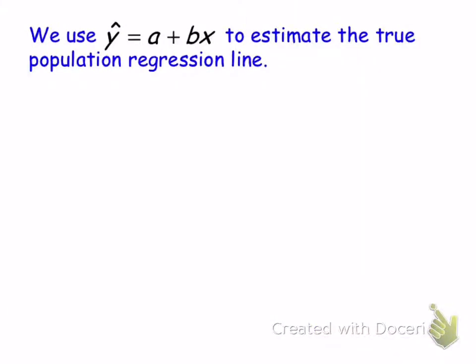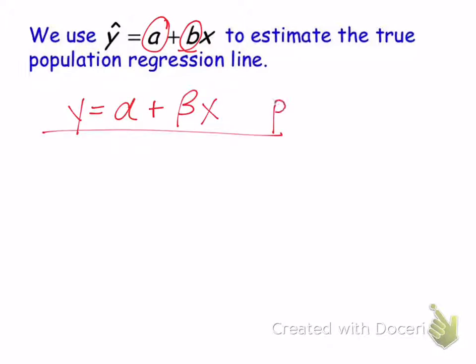So this is the formula that we're used to, y hat equals a plus bx. This is whenever we're taking a sample and we're trying to estimate the true regression line. So the difference between the one that we just did and this one is now we have an a and we have a b. On the one that we did earlier, it's y equals alpha plus beta x.